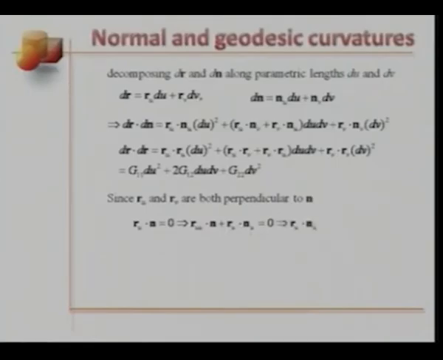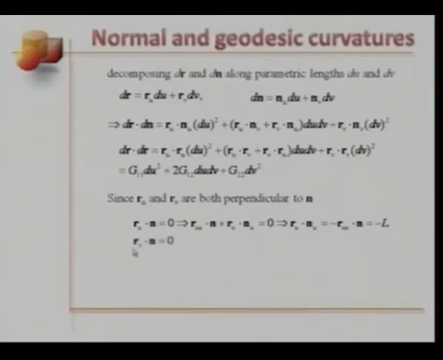This implies ru dotted with nu equals negative of r sub uu dotted with n. Now, if you look at this expression here, this corresponds to the first element L of the second fundamental matrix.